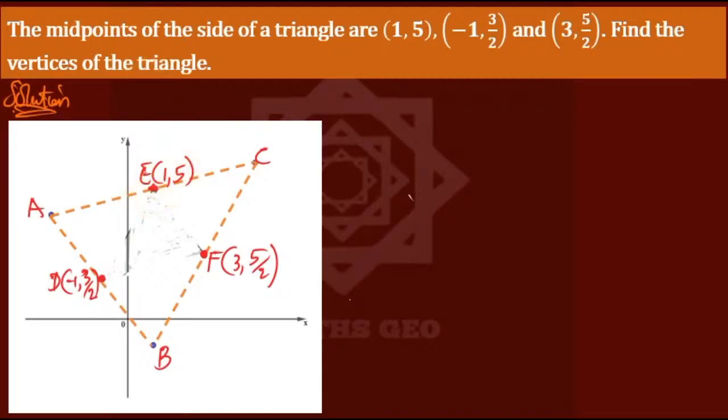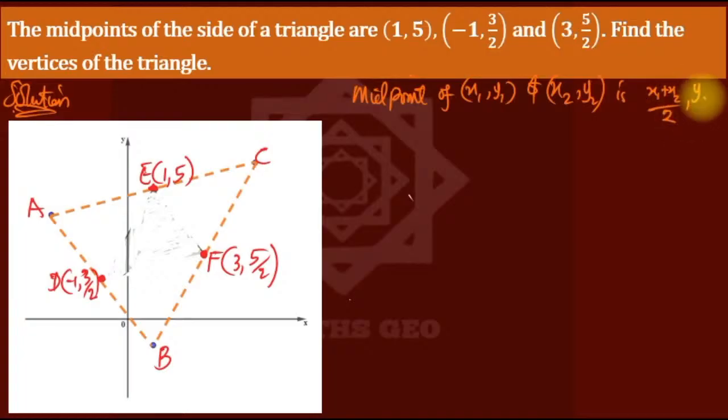So using what we've known before, if you want to get the midpoint of a line segment, we know that the midpoint of (x1, y1) and (x2, y2) is always the average, which is (x1 plus x2 over 2, y1 plus y2 over 2). So that's the formula we're going to use here.